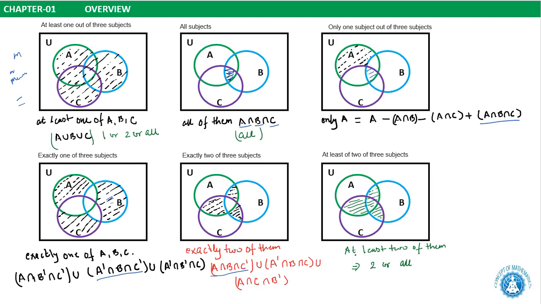Now at least two of them occurring will be represented by the Venn diagram of the given set. At least two means two or all.